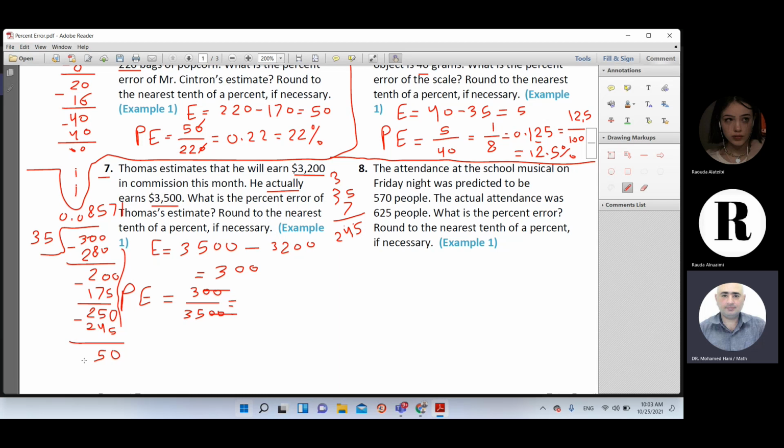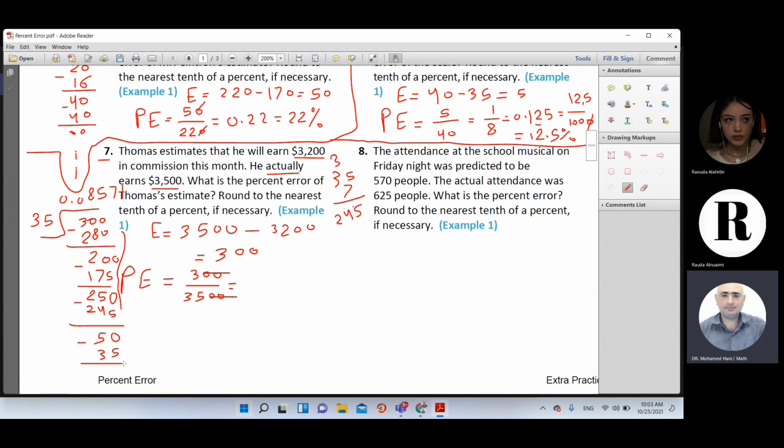1 times 35 will be 35. The answer will be 15. Also, we can continue. Put here 0. We have 150. Which number times 35 equal 150? Or about 150.